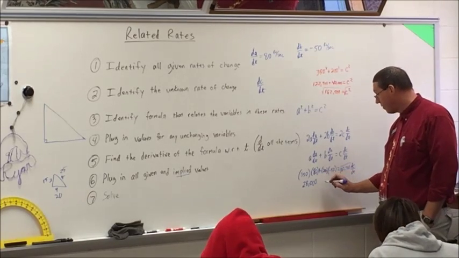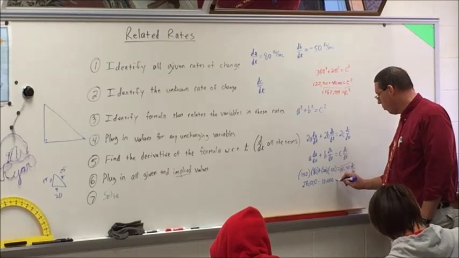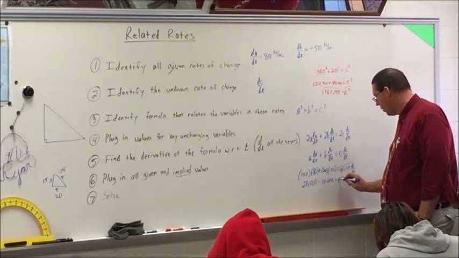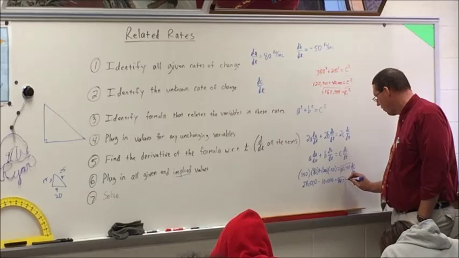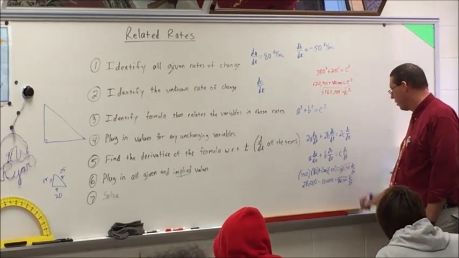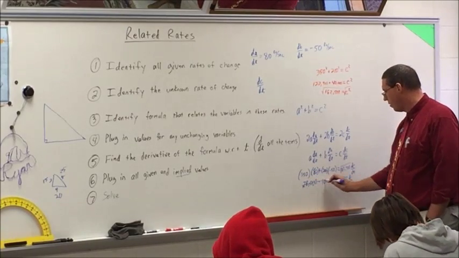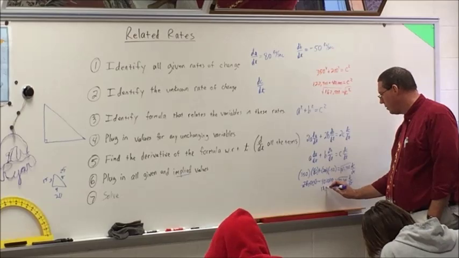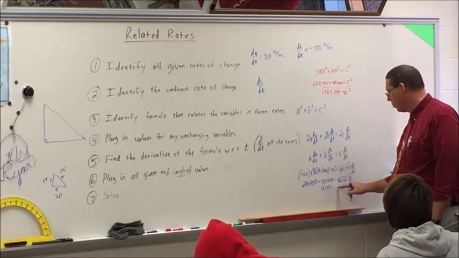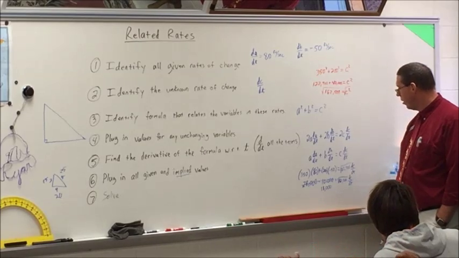Negative 10,000, so minus 10,000 equals the square root of 162,500 dC/dt. We are eventually going to put all this in the calculator, by the way. And what's 28,000 minus 10,000? That's 18,000. So basically what we have here is 18,000 is equal to the square root of 162,500 times dC/dt.